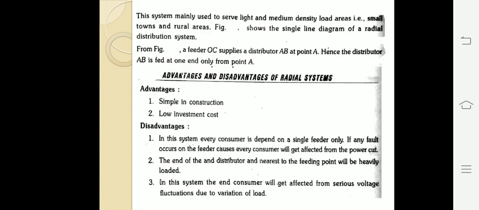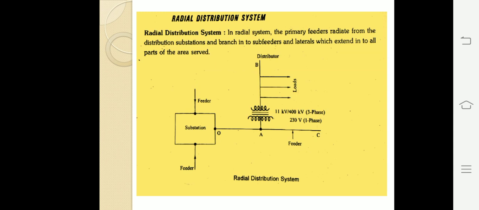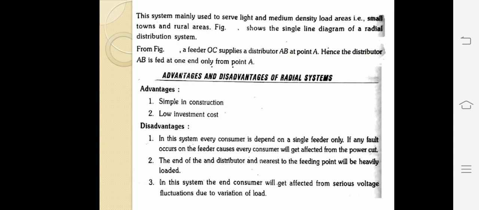See, we are taking the tappings, that means loads. So here the system is mainly used to serve light and medium density loads. That means the radial distribution system is used to serve light and medium density load areas, that means small towns or rural areas.